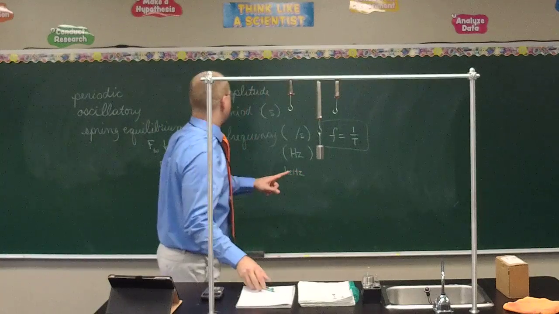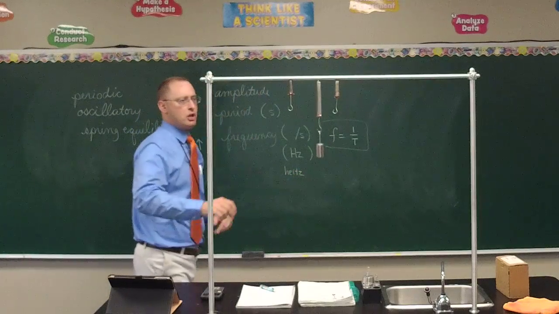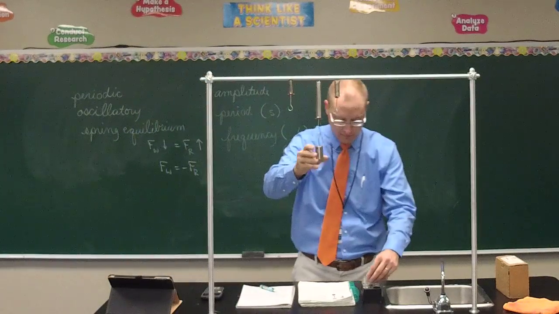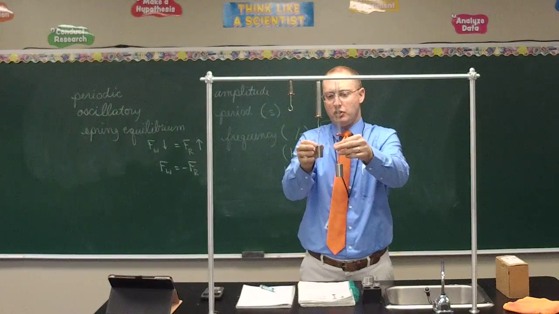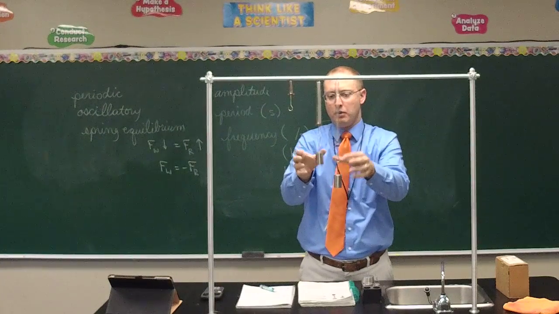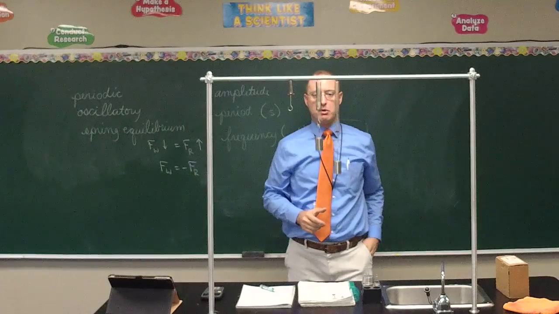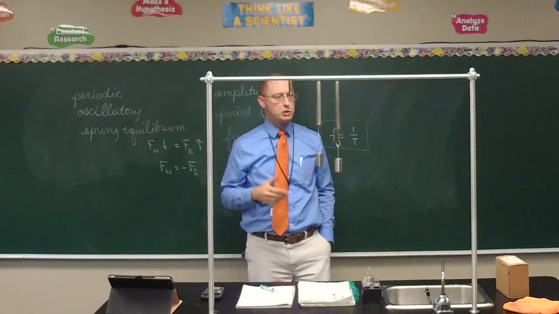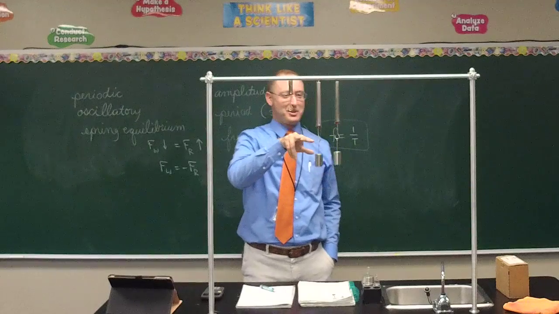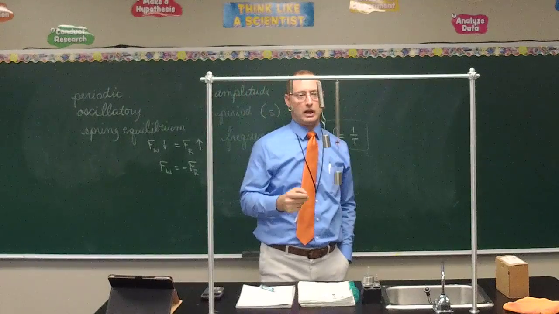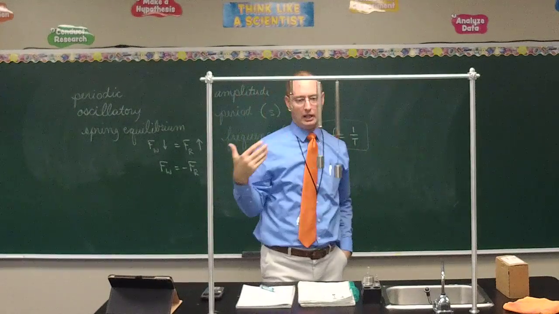Now, let's consider the period. Notice I have these same masses, the same amount of mass, and I pull them down. One of them is moving much more quickly than the other. Which one is clearly moving quicker, class? The one on your right or the one on your left?